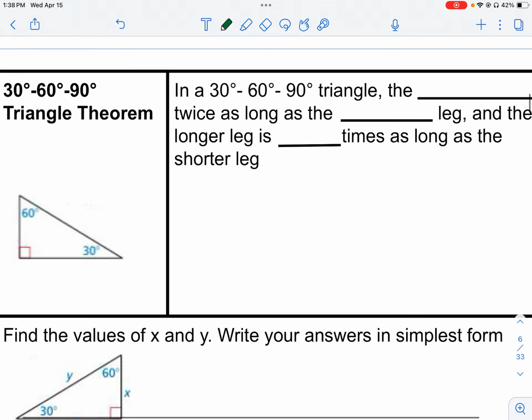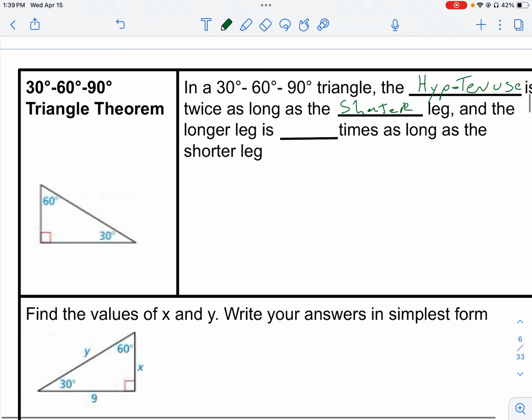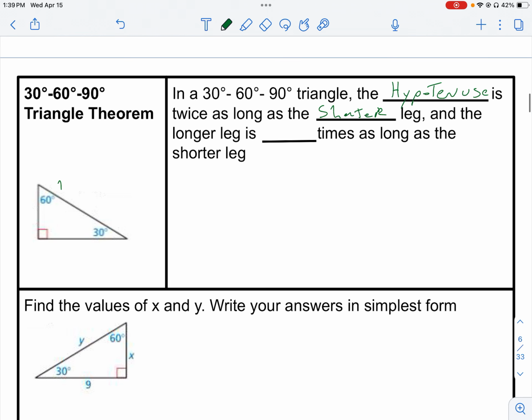So in a 30-60-90 triangle, the hypotenuse is twice as long as the shorter leg. So if we think about it, we're going to have a hypotenuse, a shorter leg, and a longer leg in a 30-60-90.